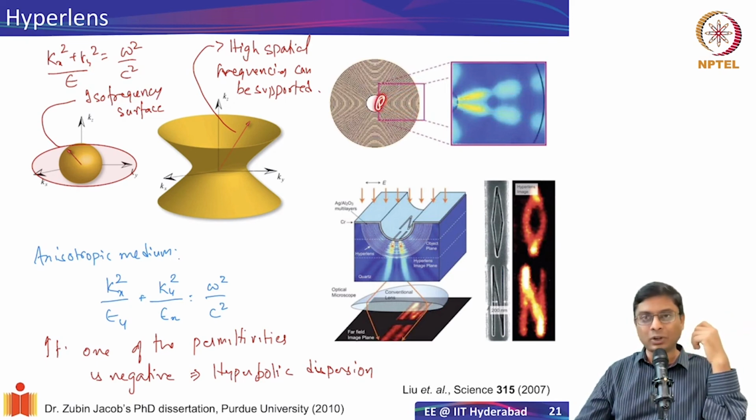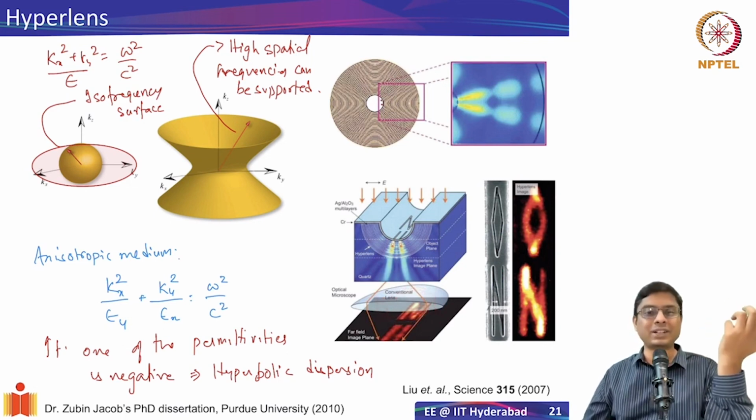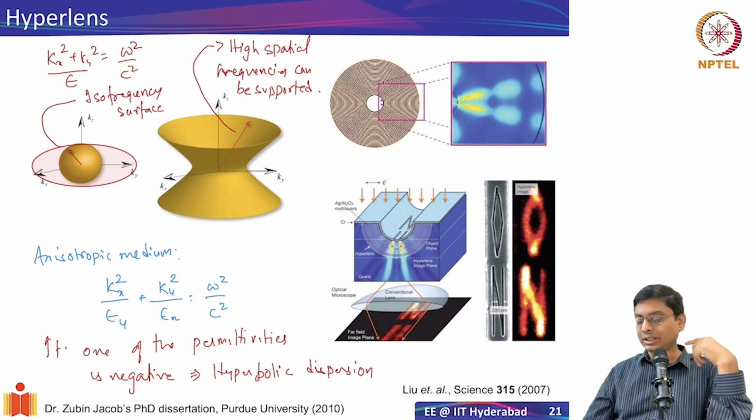This was a very small object, but depending on the inner and outer radii of this sphere, you can magnify the information, and eventually image it using a traditional microscope. So you don't have to worry about the diffraction limit anymore. All the high spatial frequencies are getting converted into propagating waves after they propagate through this hyperbolic metamaterial, which they called a hyperlens.